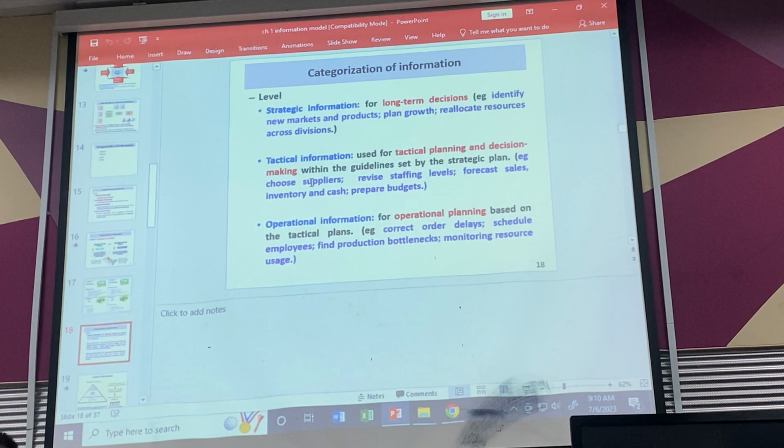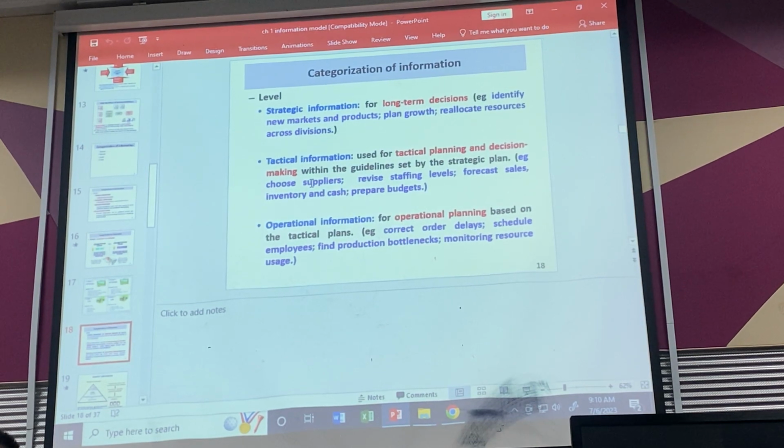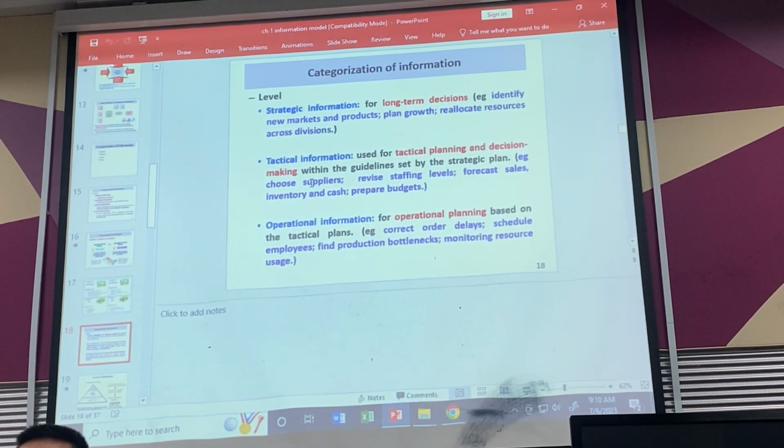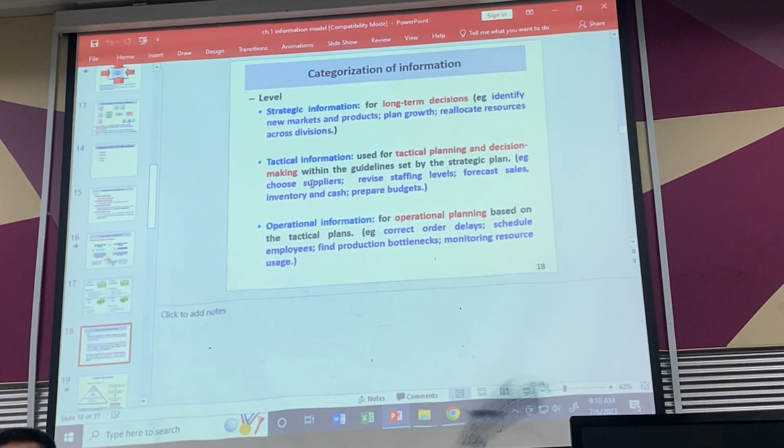So tactical planning, what do you do? If next year I want to produce 100,000, every month how many units do you need to produce? Divide by 12. What's the number? Maybe 8,500, let's say. So this is tactical information: every month I need to produce this amount of cars.